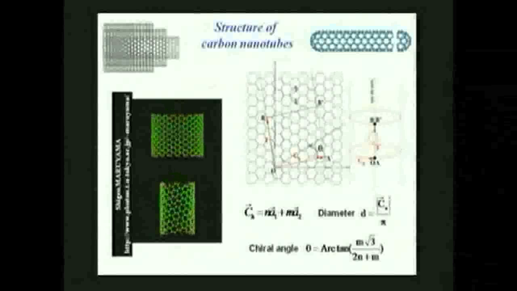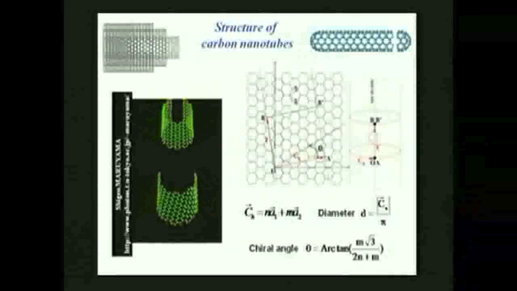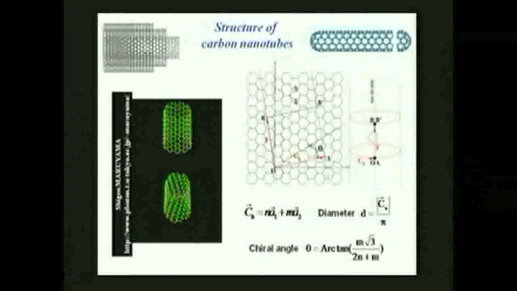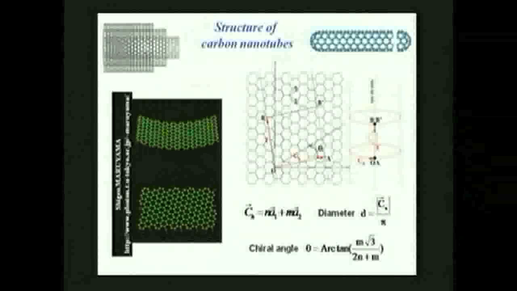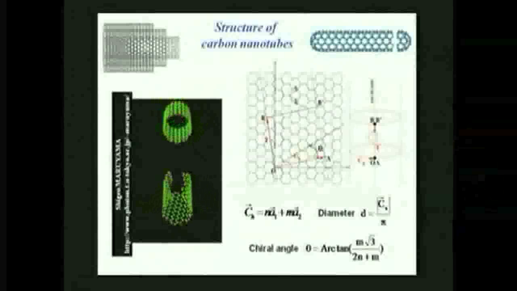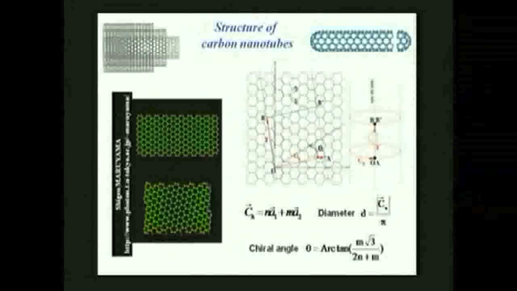But in your mind, the easiest way to imagine to form a nanotube is to take a flat graphene sheet, to cut one piece of this graphene sheet, and then to roll it up to form a cylinder, this way.